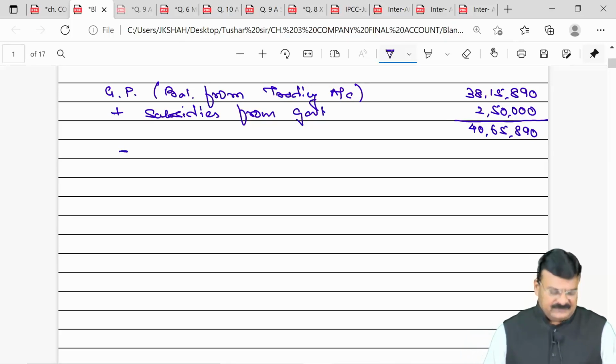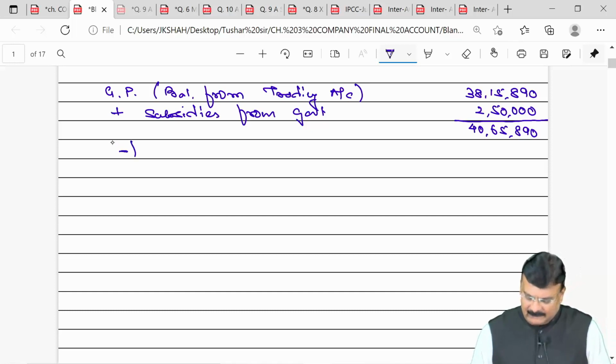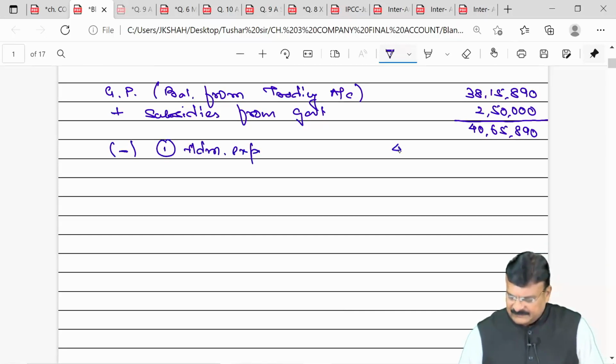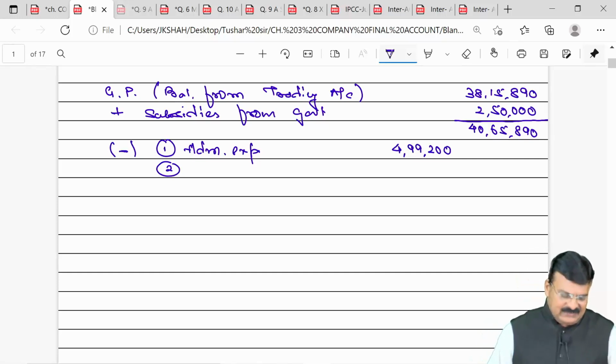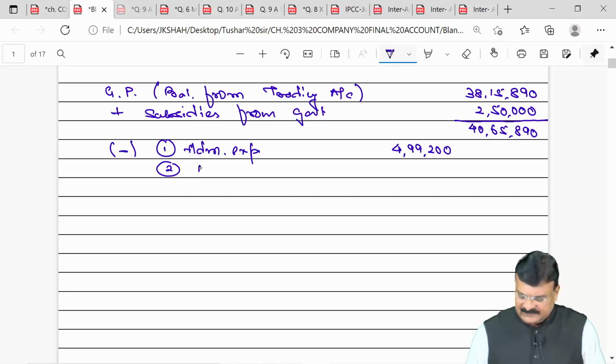minus all expenses in the debit. First one is administrative expense. Yes, it's a regular routine expense. Amount is 499,200. Second, advertisement. Yes, selling and distribution expense 118,200.